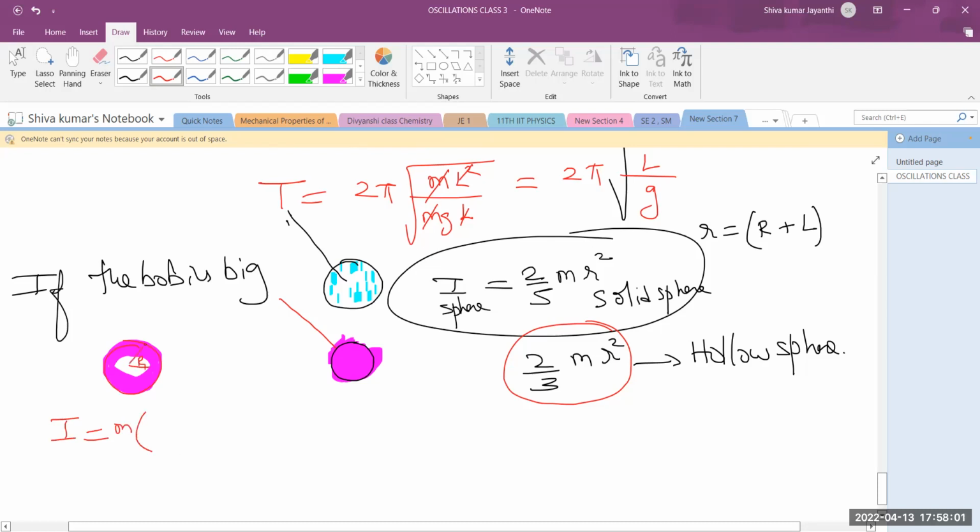R1, R2. So m into 2 by 5 or 2 by 3? 2 by 3, m into R2 square minus R1 square, where R2 is the bigger one.